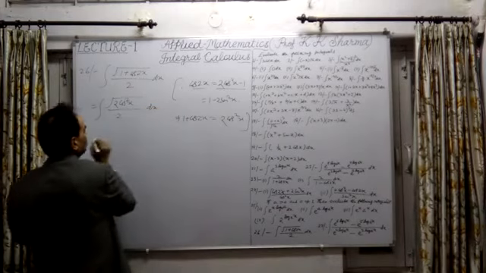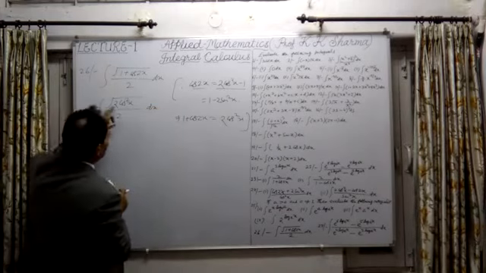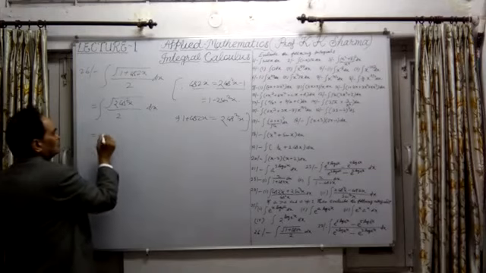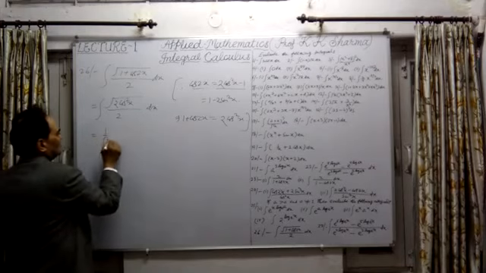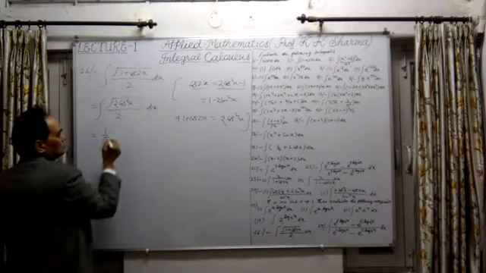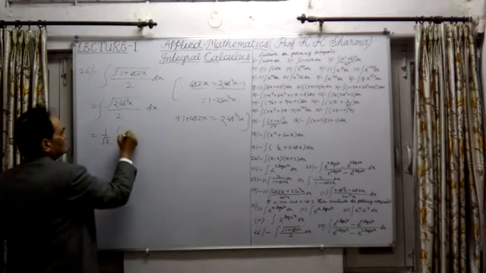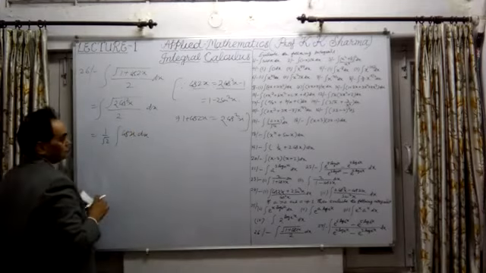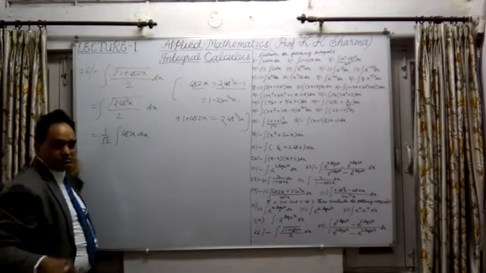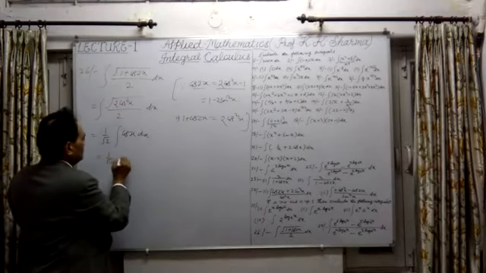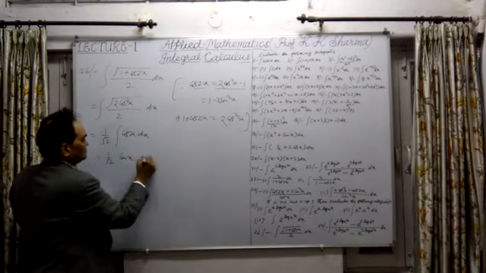dx. Now this is under root 2, this is 2 raised to the power 1, so under root 2 will come in the denominator. This is 1 upon root 2, while this power is 1 minus half, the power of 2 will come here. This is cos x only, into dx. What is the integration of cos x? It is sin x. This is 1 upon root 2 into sin x plus constant c.